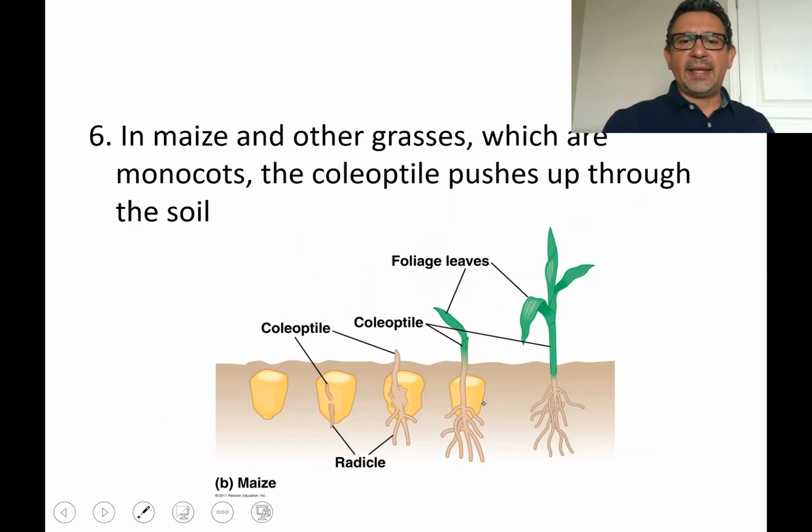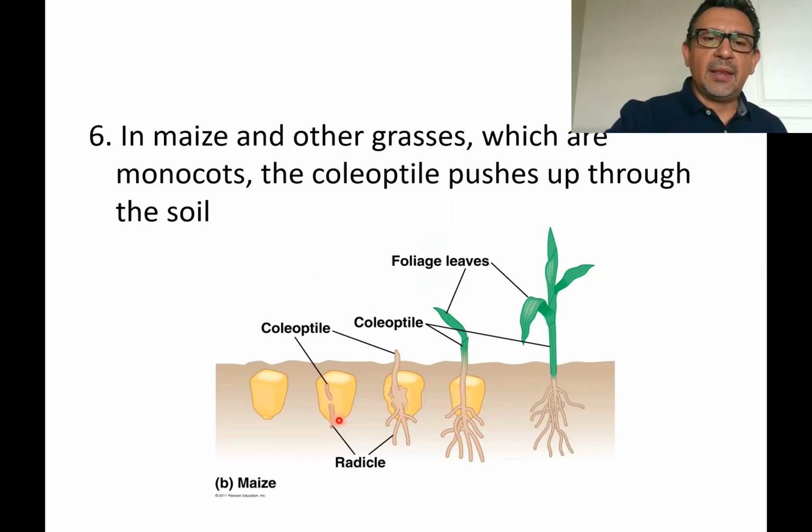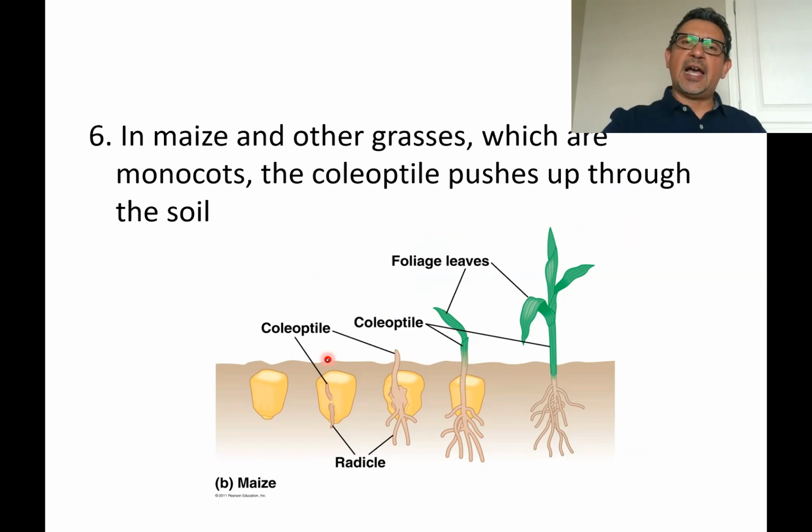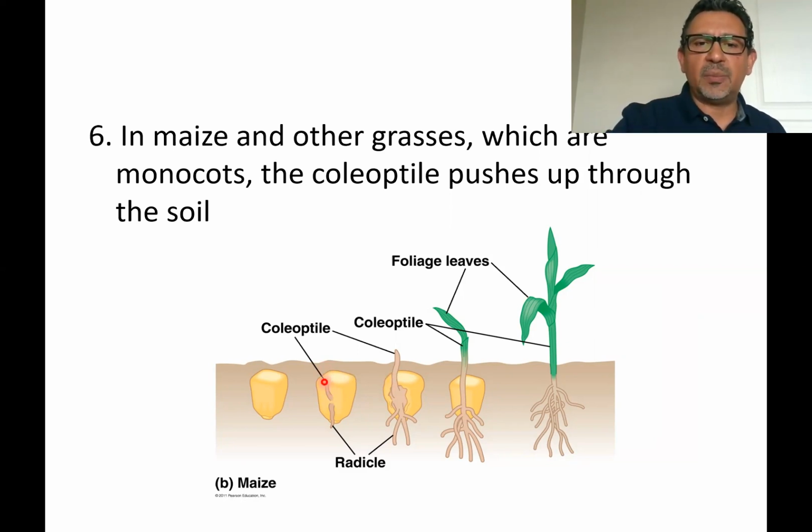Now, if you look at the emergence, the development of the monocot seed, here's the radicle, which comes first. Next comes the coleoptile. We don't see that hook the hypocotyl forms, because in this case, remember that the coleoptile is like a shield that is protecting the plumule, protecting the first leaf and the apical meristem and the epicotyl, and this is going to be what's breaking the soil, the ground, pushing away small pebbles.